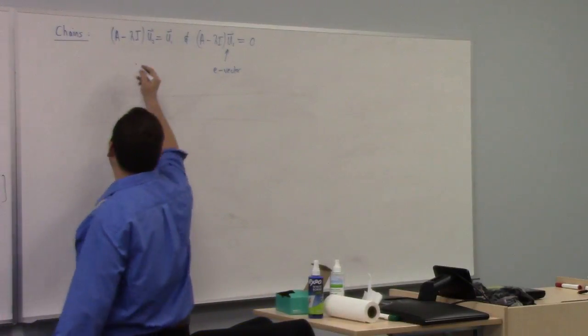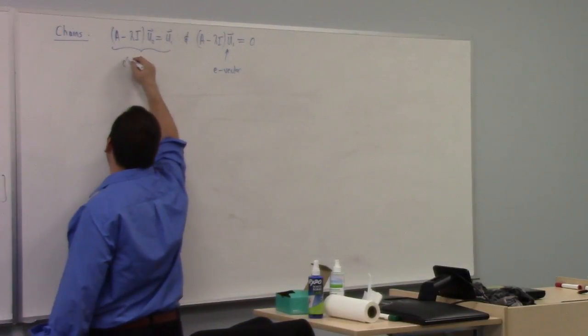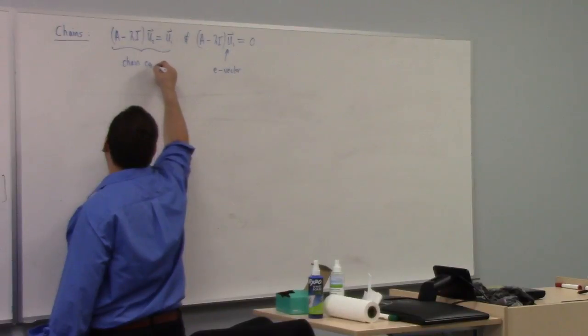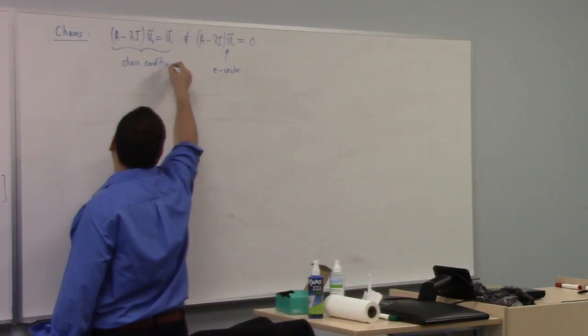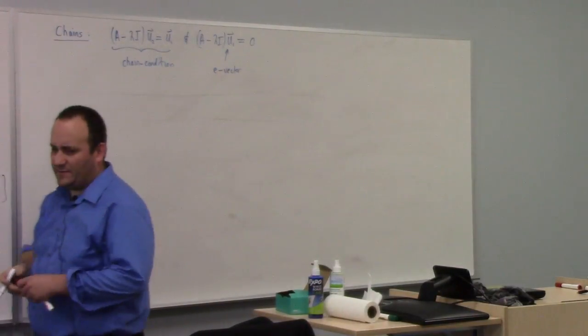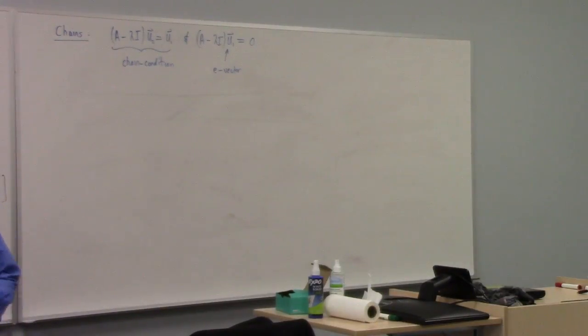And this right here is what I call the chain condition. Not just me, but anyway. It may or may not be in your book. I forget what's in your book actually. I've grown past your book as I've thought about these things.